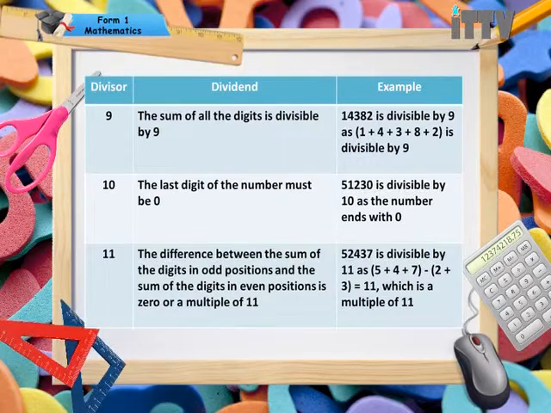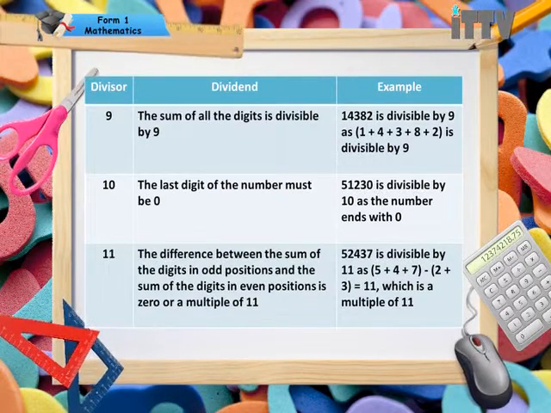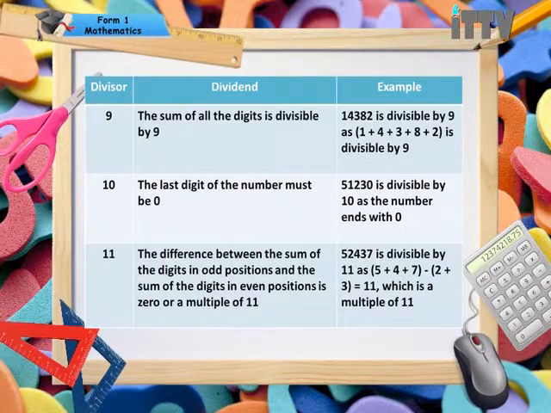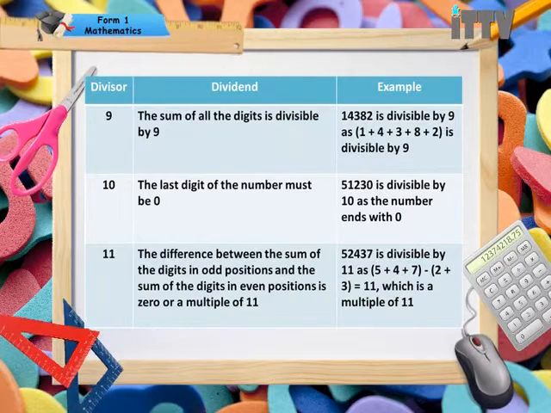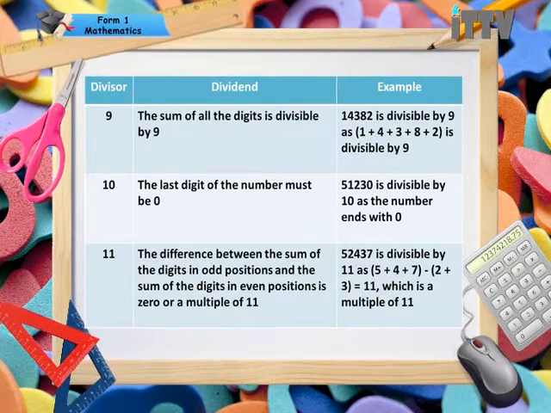Next, the divisor 11. The difference between the sum of the digits in odd positions and the sum of the digits in even positions is 0 or a multiple of 11.